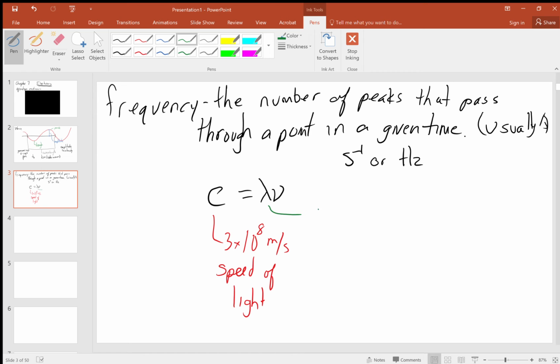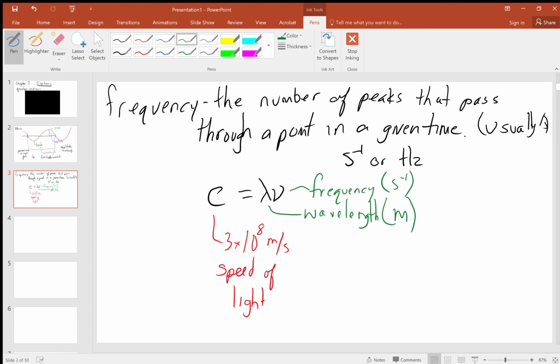Lambda is the wavelength, and that wavelength is generally going to be in meters. And nu here is the frequency in inverse seconds.